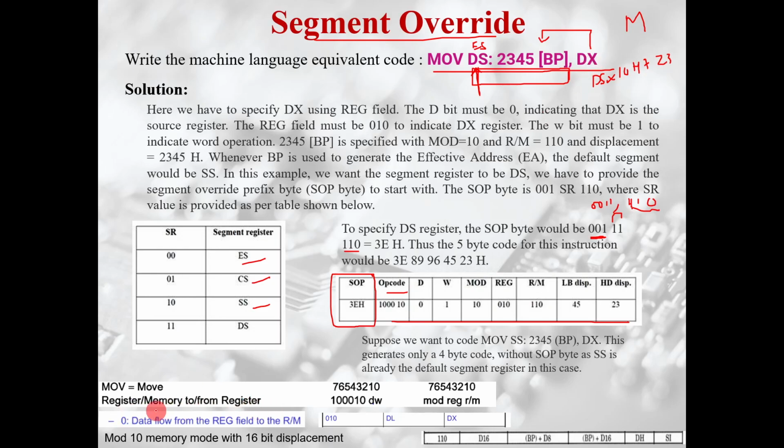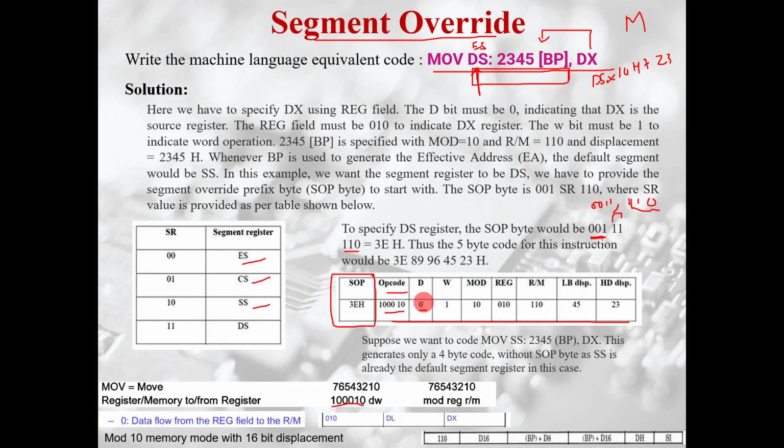The code for move register to memory is 100010. You can refer to the previous lecture slides for the entire table.